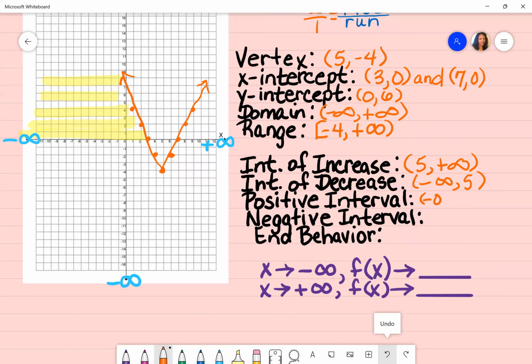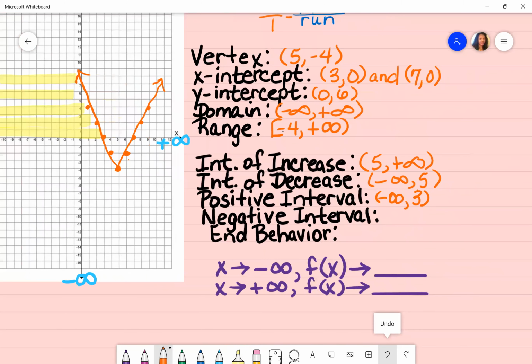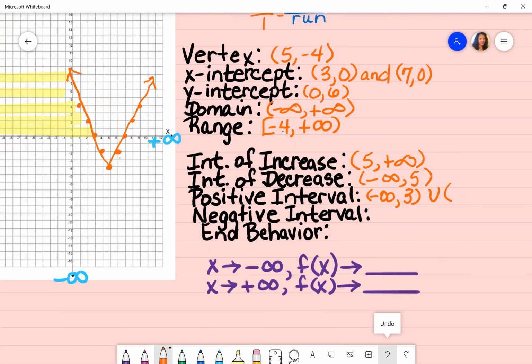And I see on the other side, I'm also going to have another positive. So I'm just going to go ahead and write my union. Because again, I have to account for everything between negative infinity and positive infinity. So I'm going to go to my second x-intercept, which is 7, and it's going to go on forever to positive infinity.